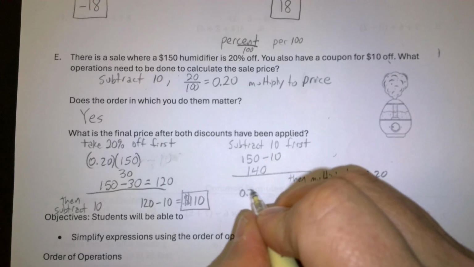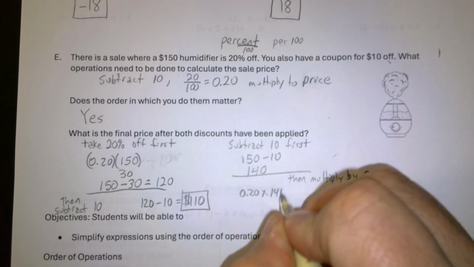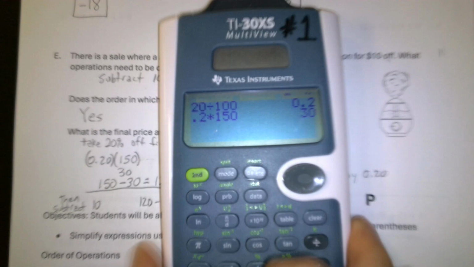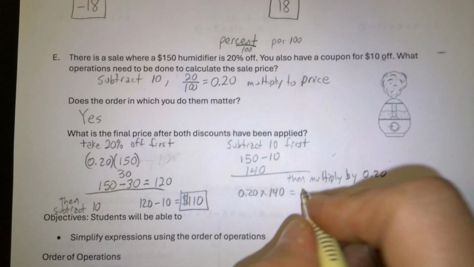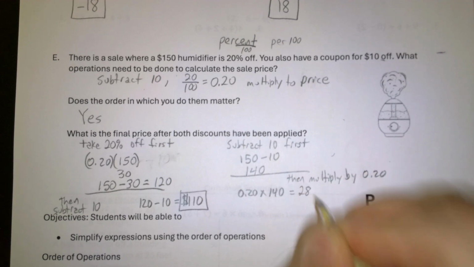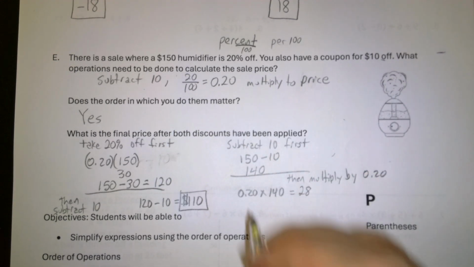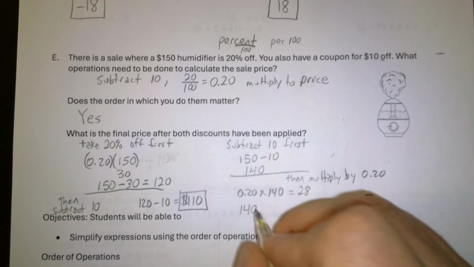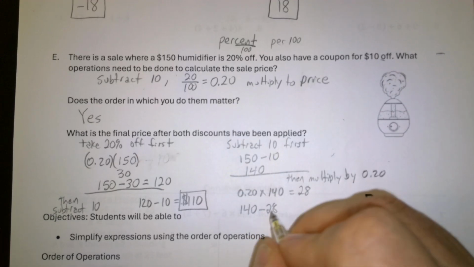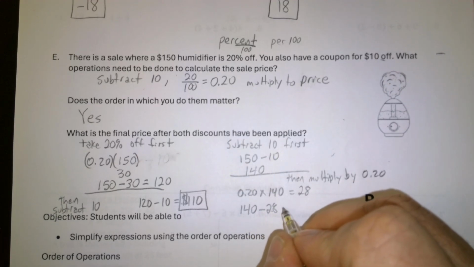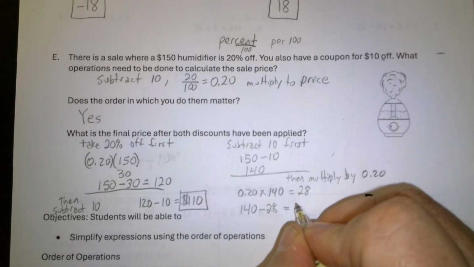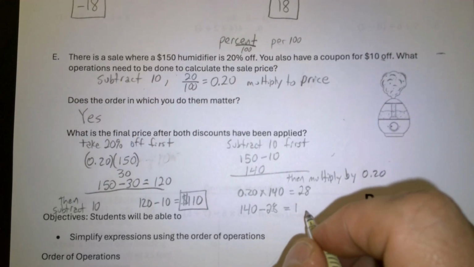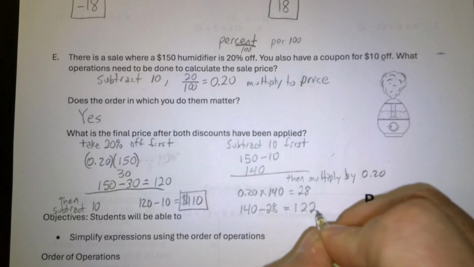So we have 0.20 times 140. Do that in a calculator. So 0.20 times 140, $28. So we're now going to take the $140 and we're going to subtract the 28. That's our 20% discount. And so for that one, we're going to have $122.